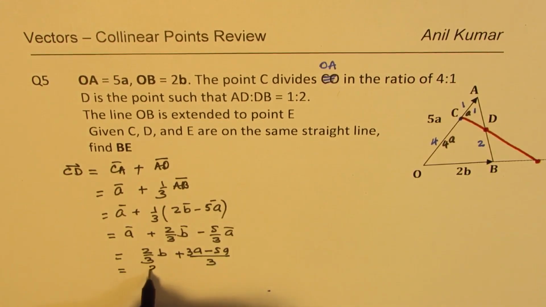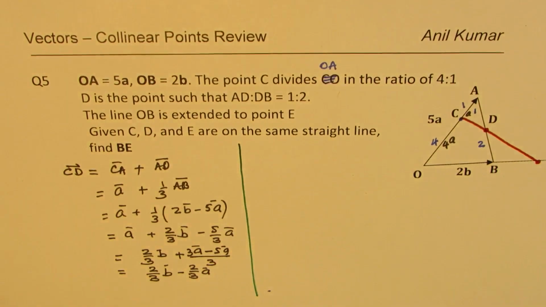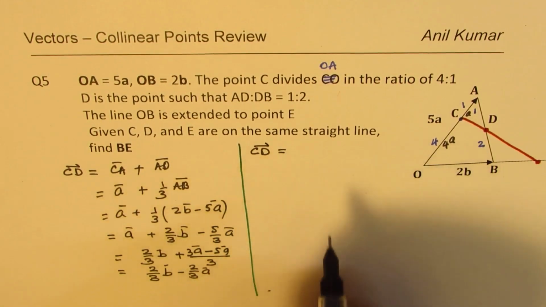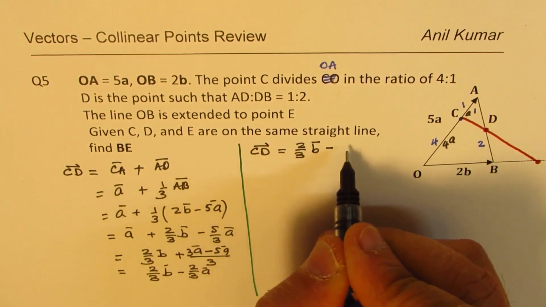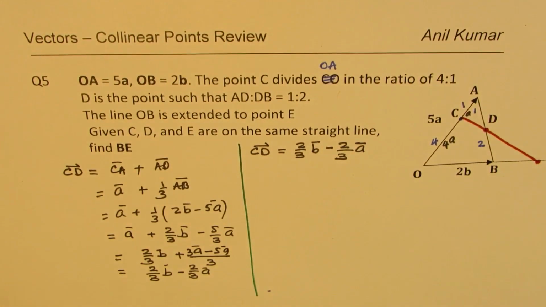So we get 2 over 3 B minus 2 over 3 A. I hope you can see it on my screen. Let me rewrite this on this side. So what we got here is that C to D is equal to 2 over 3 B minus 2 over 3 A. So that is what we got.